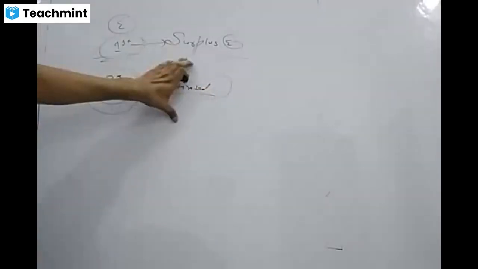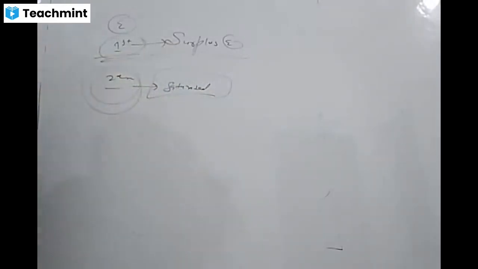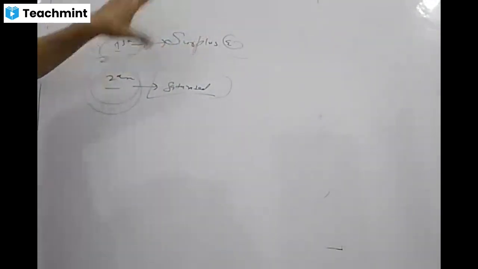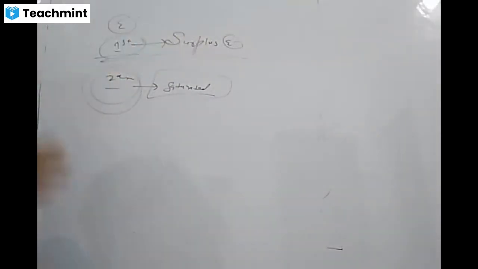Because of this saturation, zero order kinetic is also known as saturation kinetic. And because of this surplus, first order kinetic is also known as linear kinetic. So this was the reason why some drugs follow zero order kinetic and why some follow first order kinetic.